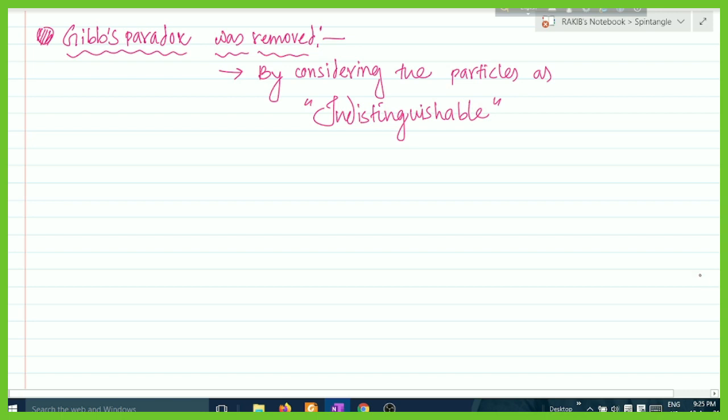In the very statement of the calculation of entropy, it was mentioned that the particles are distinguishable.